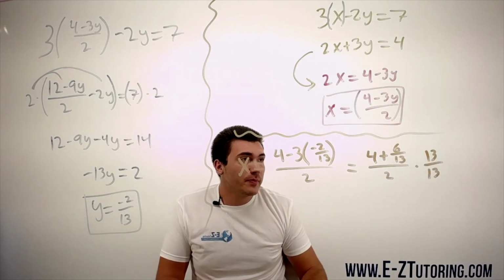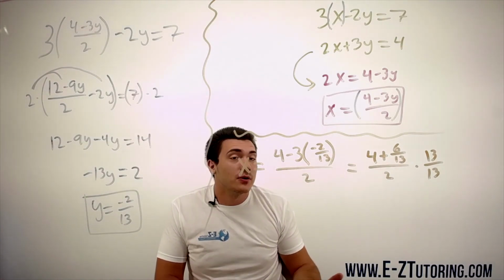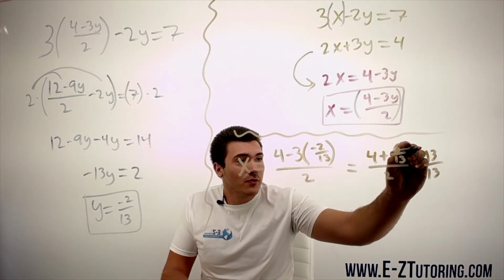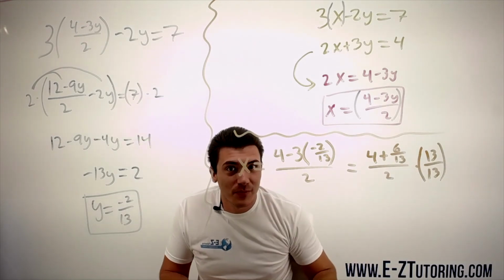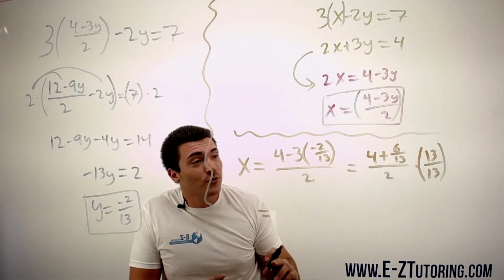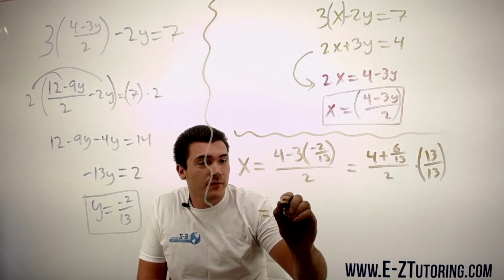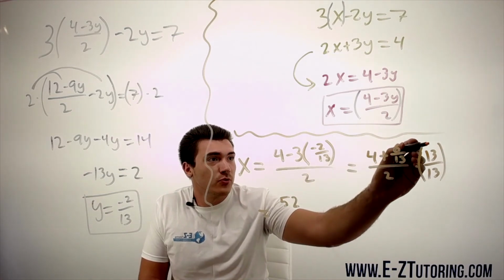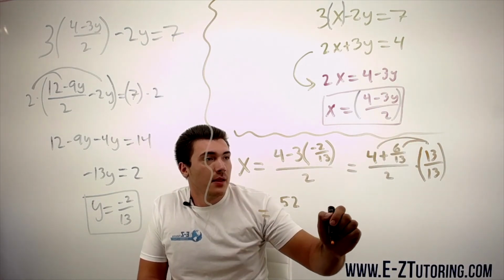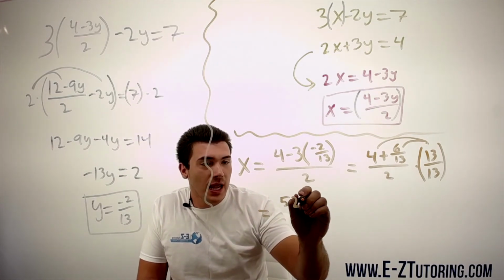And you're allowed to do this because whatever you multiply on the top, you must multiply on the bottom. Or another way to look at it is 13 over 13 is 1, and you're allowed to multiply any number in the world by 1. Anyways, like I said, let me not get too caught up on the algebra. 13 times 4 is 52, because we're distributing it. And 13 times 6 is 78, right?